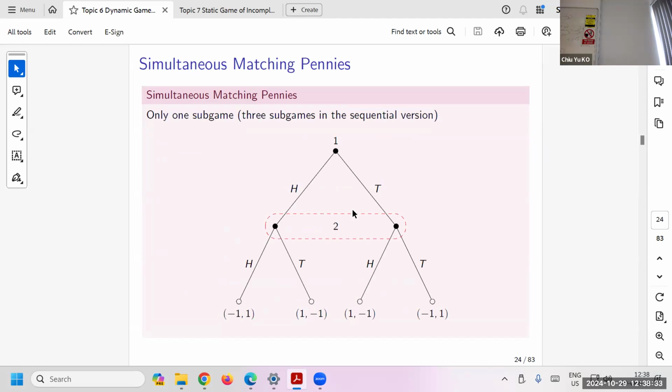A static game extends to the idea that as long as player 2 has no information about how player 1 has chosen, it is the same. As long as they make decisions on their own, it is the same. So it's actually more general than we thought.